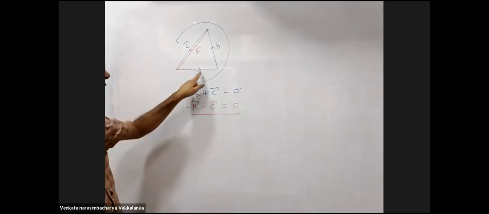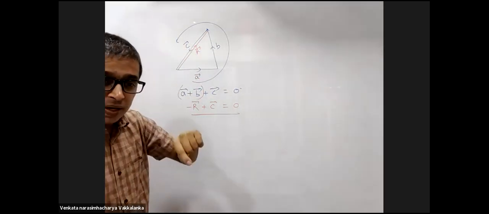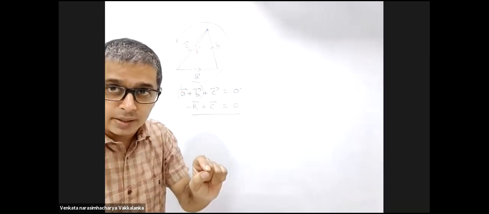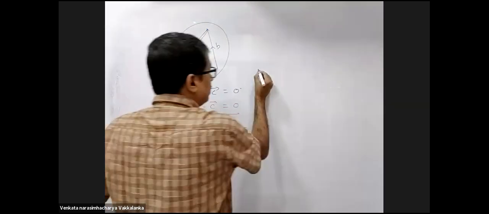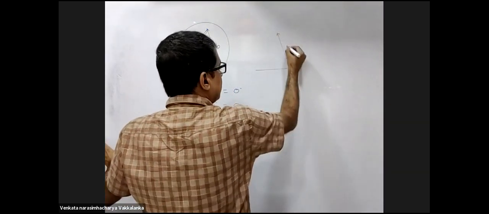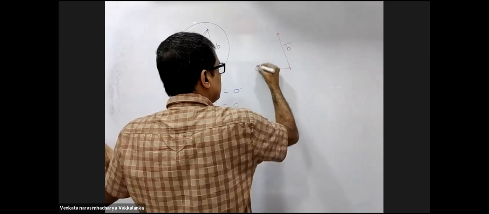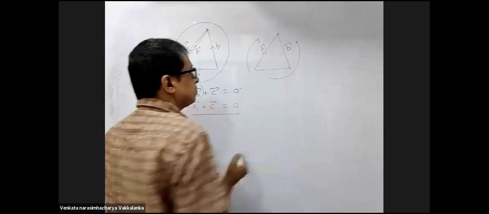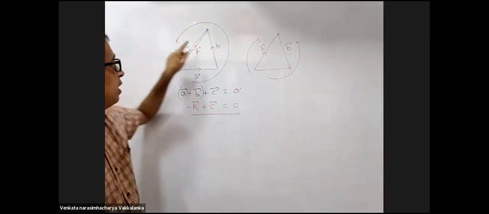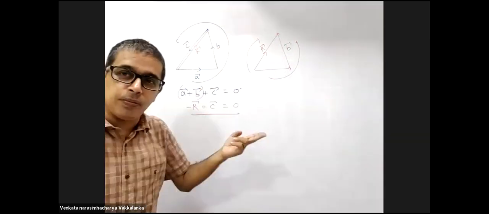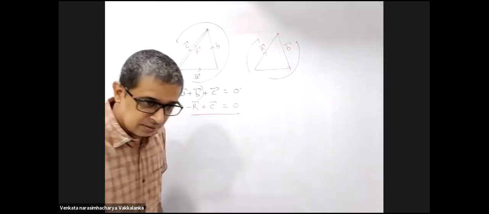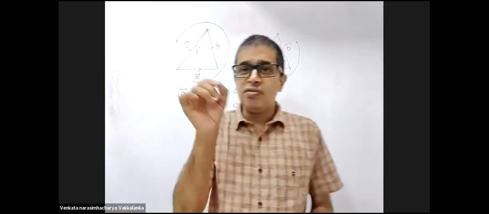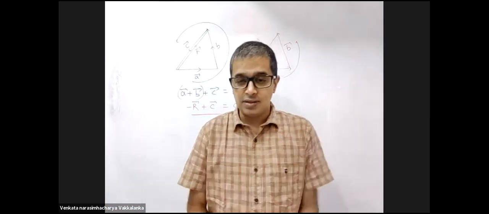So if I have three vectors represented as three sides of a triangle taken in one order, technically if this is A and this is B, what is your resultant? You will have R in the opposite order. Now R and C are equal and opposite. Will they cancel out? Yes, sir. Hence, write down this statement.